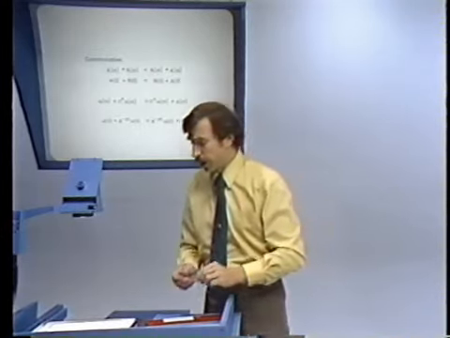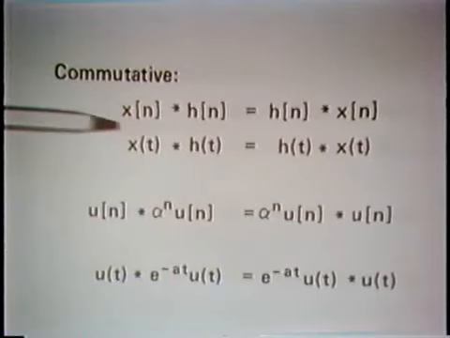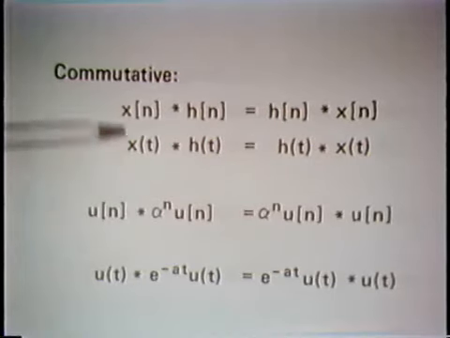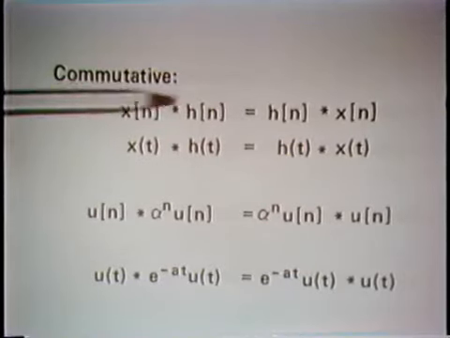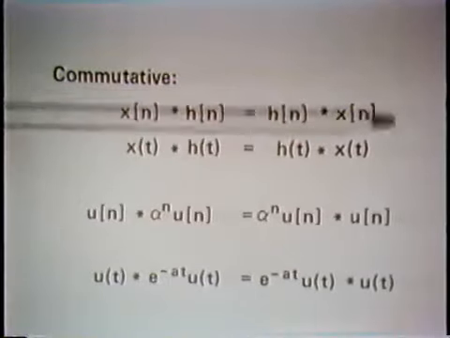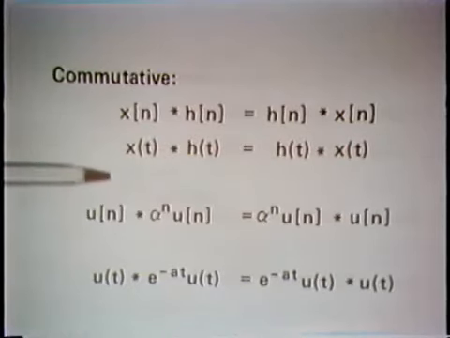So summarized here is the commutative operation in discrete time or in continuous time. It says, as I just indicated, that x of n convolved with h of n is equal to h of n convolved with x of n, or the same, of course, in continuous time.